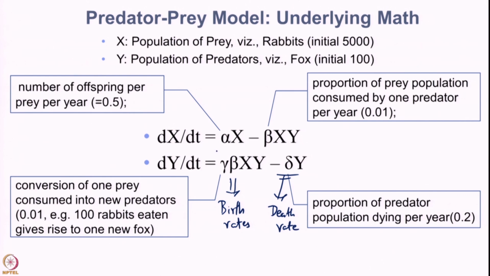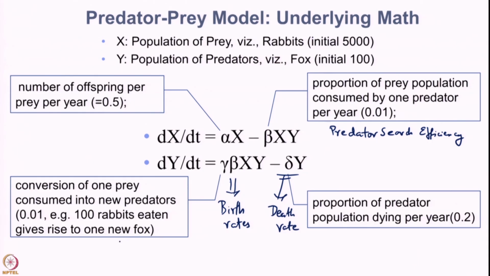Now beta is a new variable we are looking at called predator search efficiency. And this gamma is the conversion of one prey consumed to new predators. We can call it a kind of conversion efficiency.